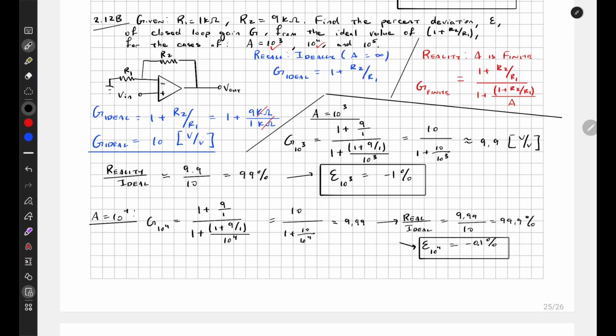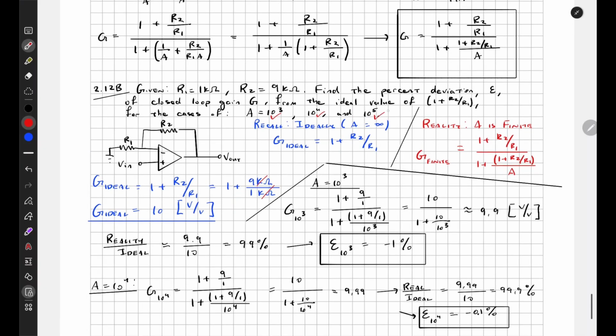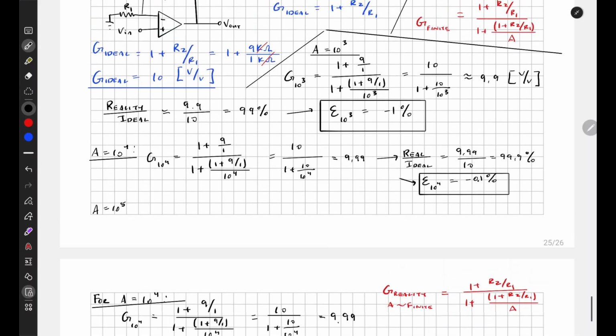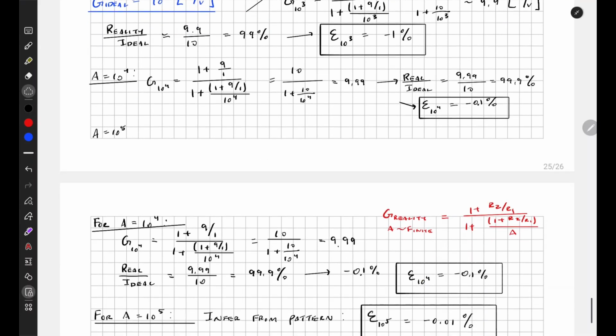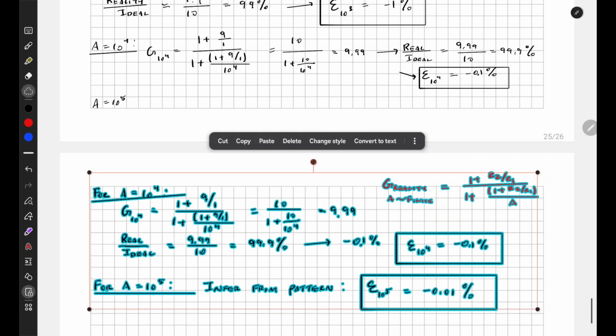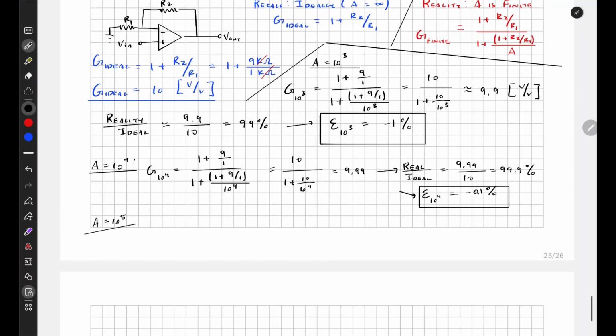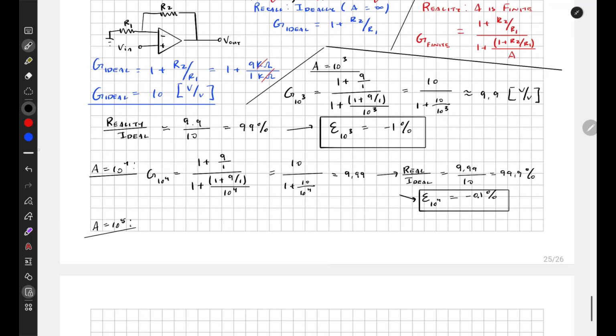Okay, so finally, let's solve for the 10 to the fifth case. One more thing is, you notice that instead of solving it, we can just do some pattern recognition. We saw that when A is 10 to the third, it's minus 1%. When A is 10 to the fourth, it's minus 0.1%.